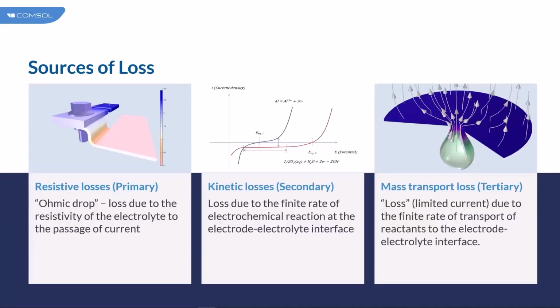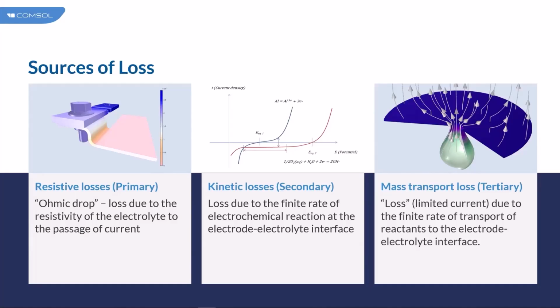The loss mechanisms in electrochemical modeling can be divided into three categories: primary, secondary, and tertiary. The primary source of loss is ohmic effects, loss due to the resistivity of the electrolyte. Then we move on to the secondary sources, which are losses due to the reaction rates at the anode and the cathode being finite.